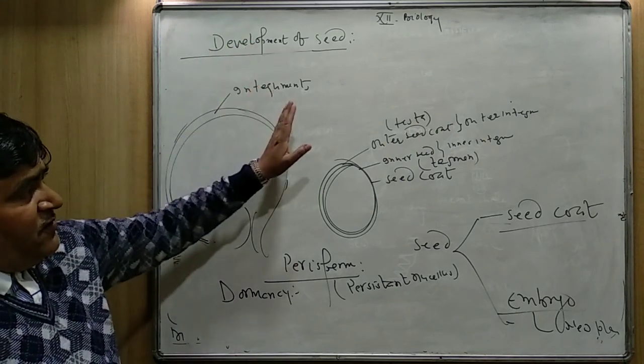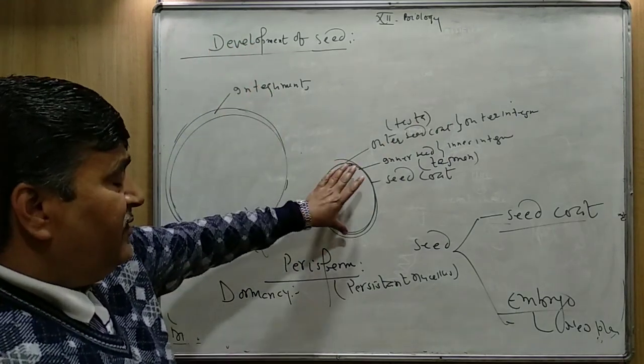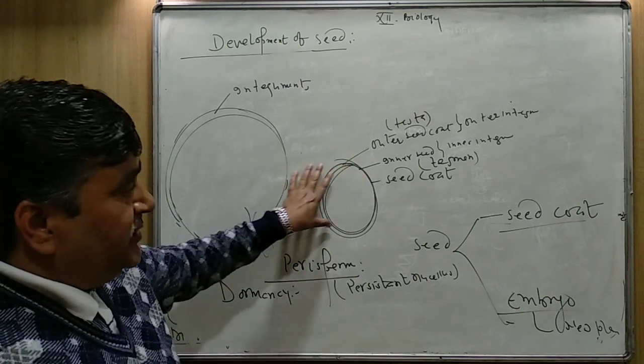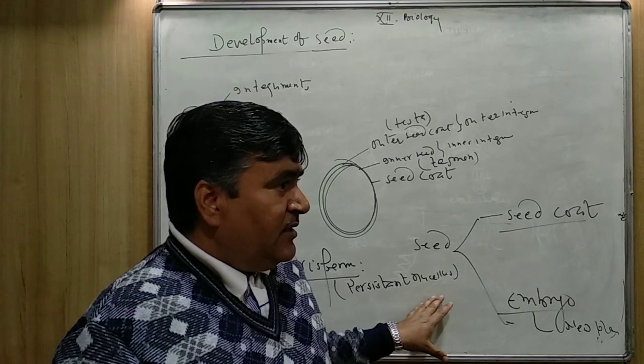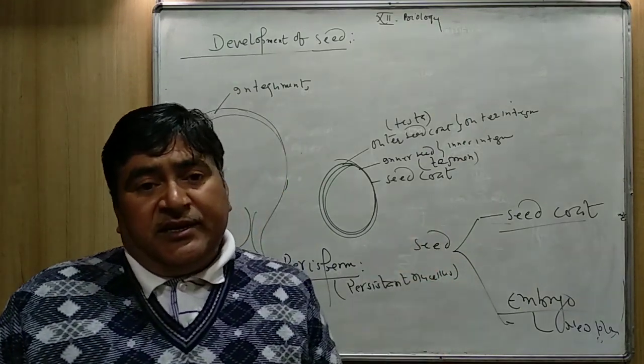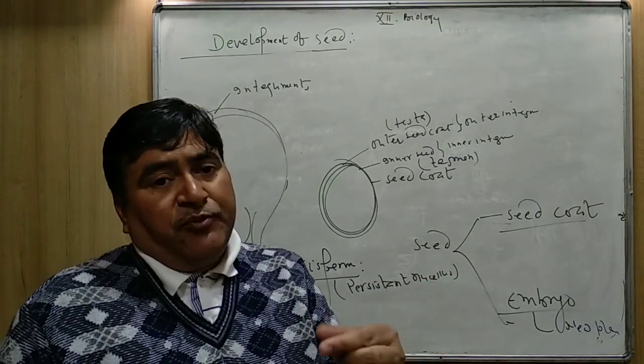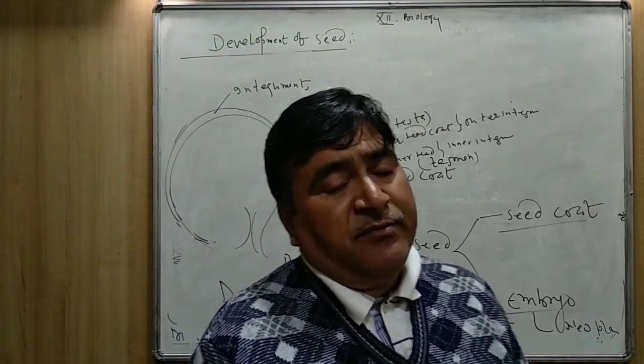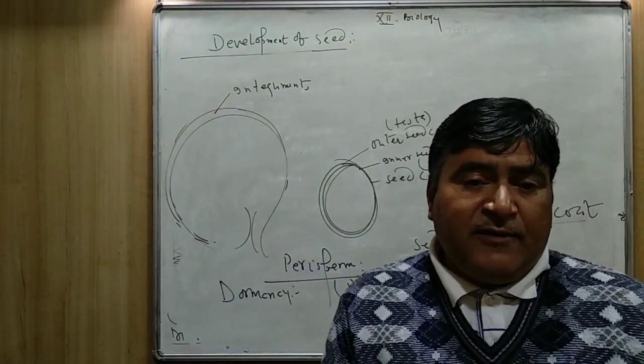So for the seed, you have to learn what is a seed, the product of the ovule after fertilization, the parts of the seed, the functions of the seed. It acts as the propagule to produce the new plant. It helps in the process of dispersal.